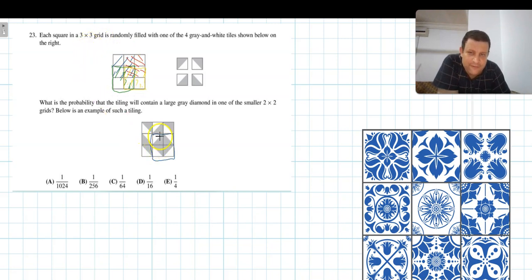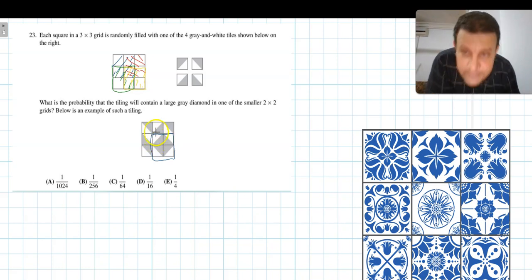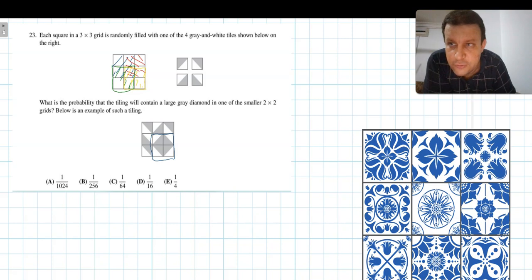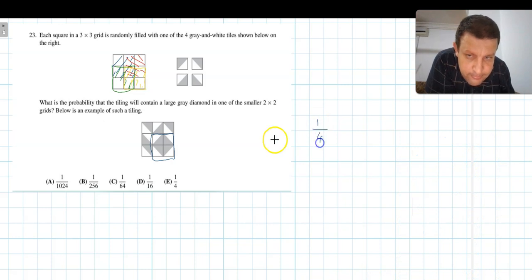Okay, so how can we create this diamond? What is the probability? The probability of getting this tile here is going to be 1 over 4, because we have 4 options. How about this one? It's going to be 1 over 4 again.